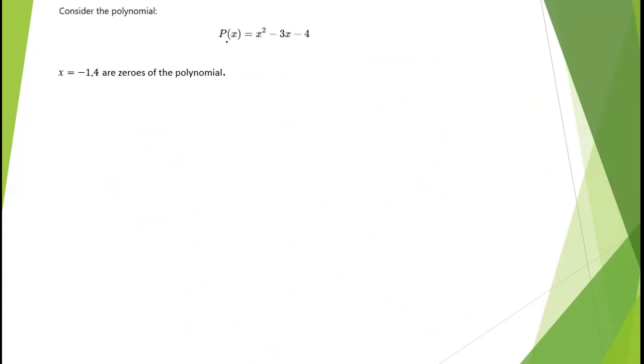Consider the polynomial p(x) equal to x square minus 3x minus 4. Here x equal to minus 1 and 4 are the zeros of the polynomial. Let's check out how. So first of all, we will put x equal to minus 1 here. So what we will get? I'm just putting x equal to minus 1 in this polynomial.